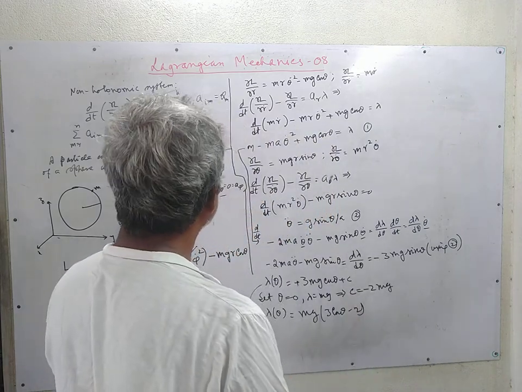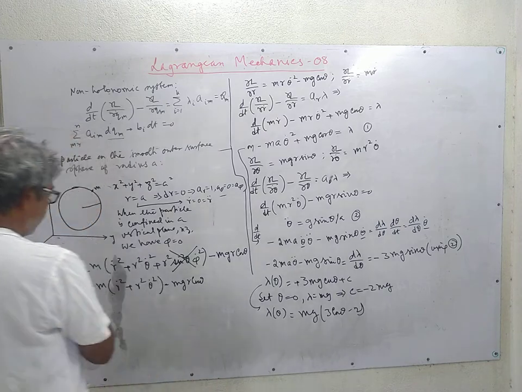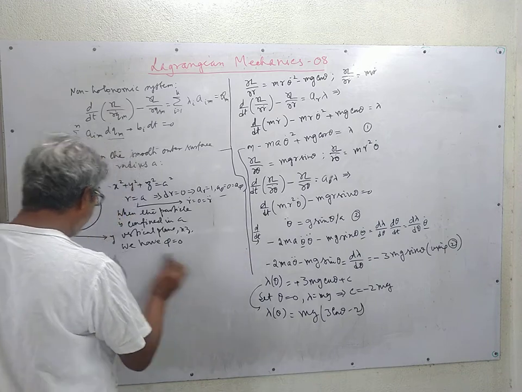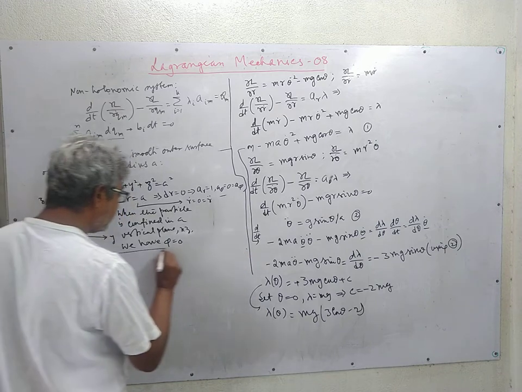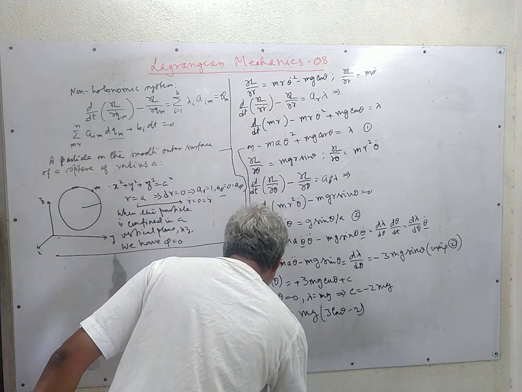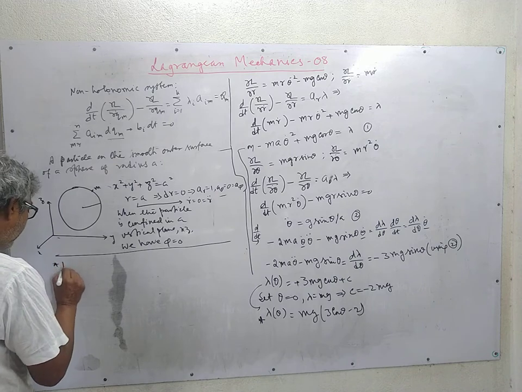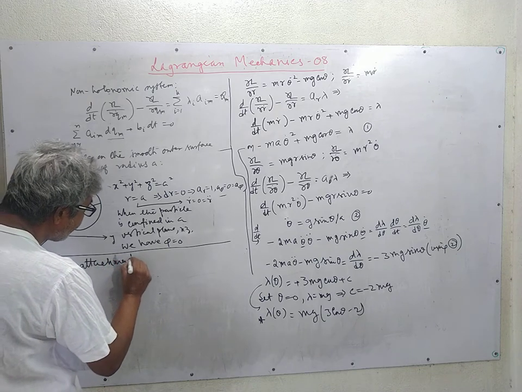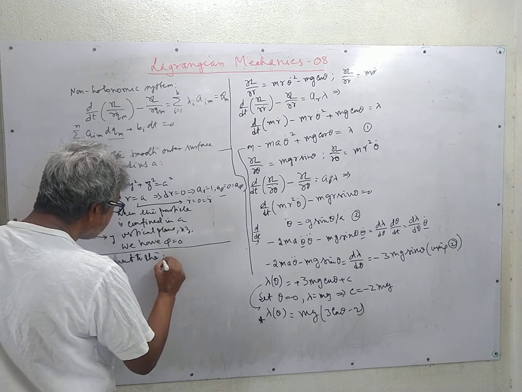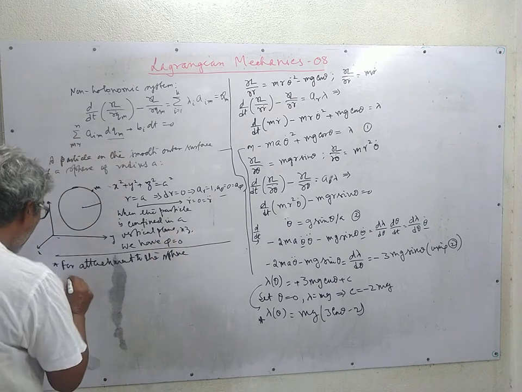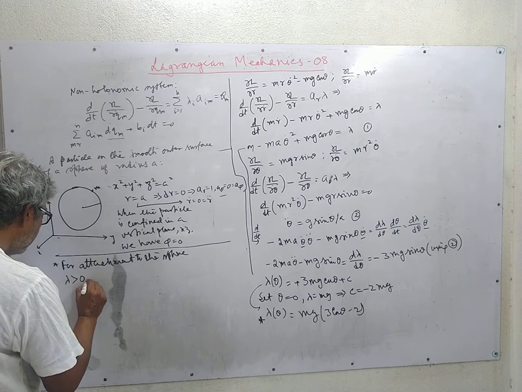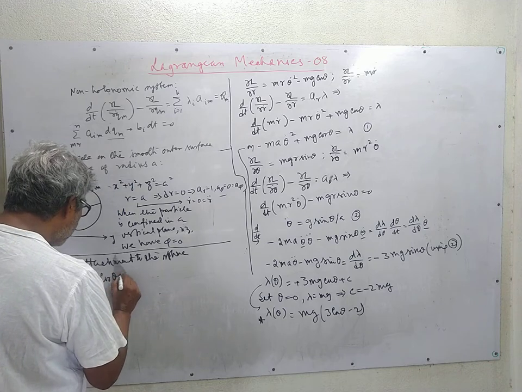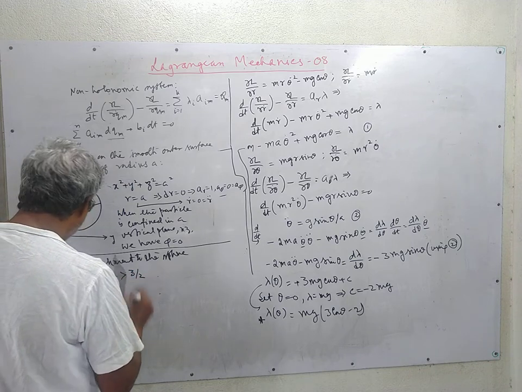So the critical condition for attachment to the sphere: λ must be greater than 0, so that cos θ must be greater than 2 by 3.